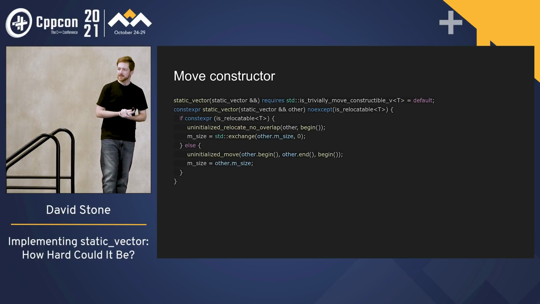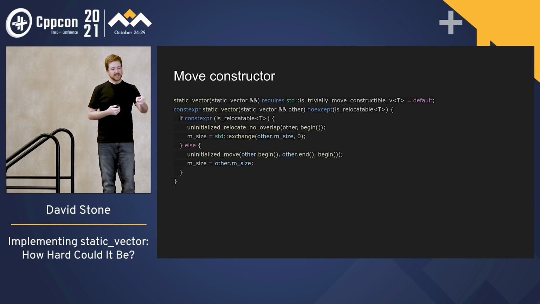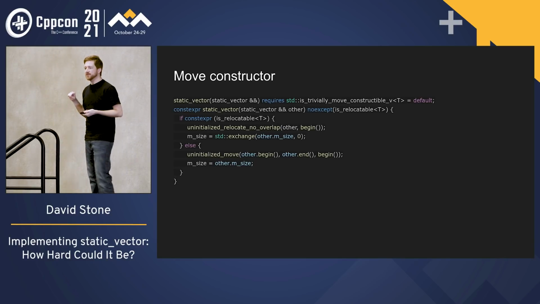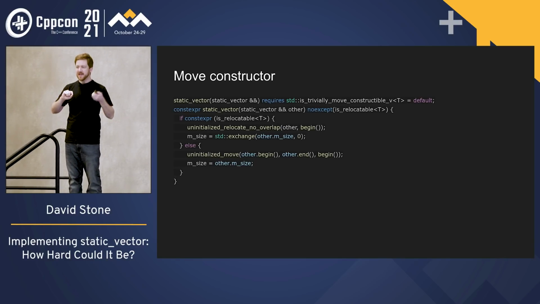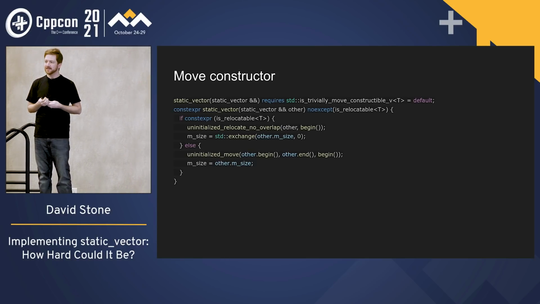No, it does not. Does that make it broken? No, because this makes this move constructor trivial. The destructor of static vector would look something similar, saying if the type is trivially destructible, make it trivially destructible. Otherwise, member-wise destroy each element.